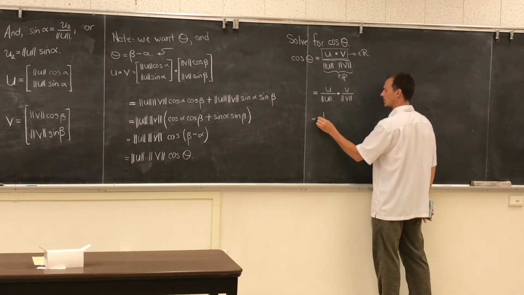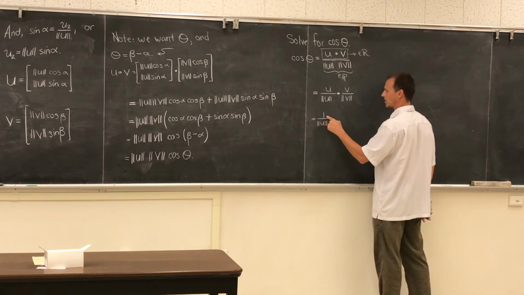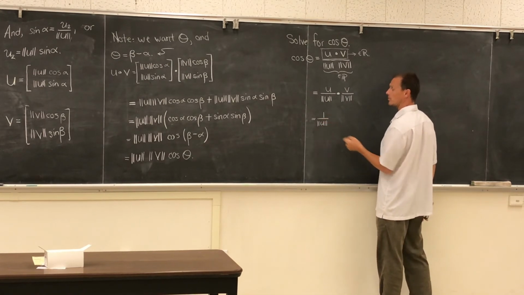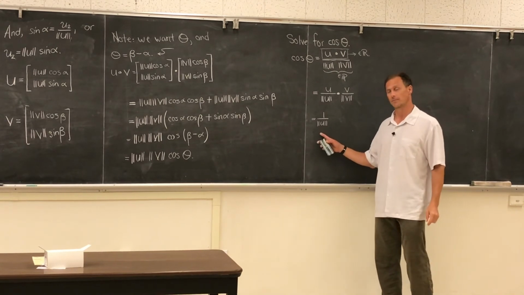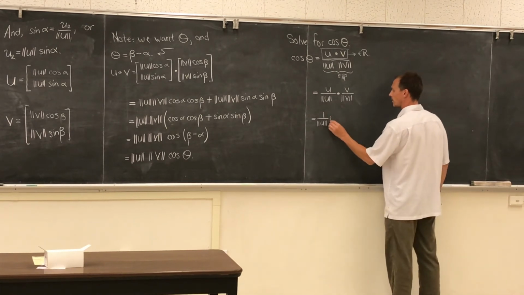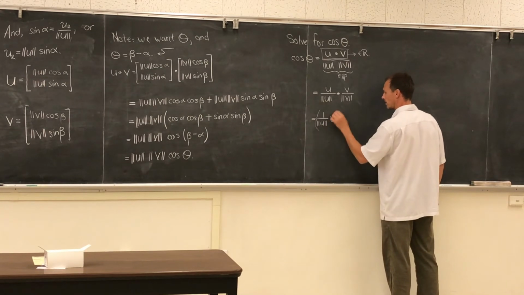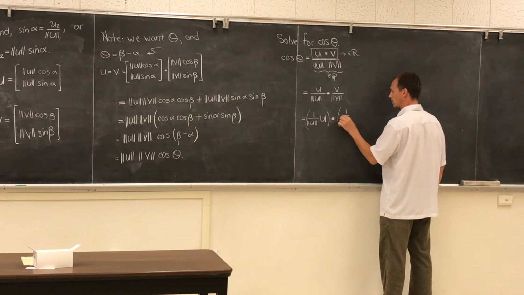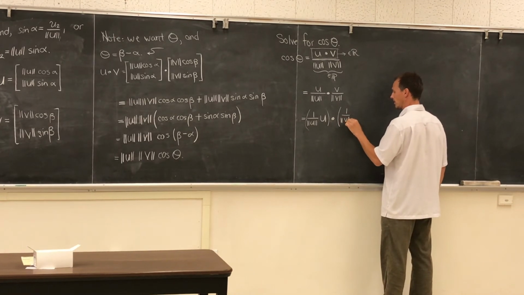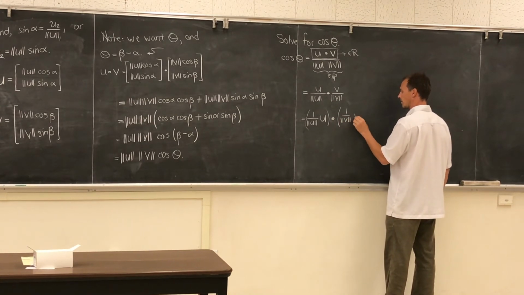It might be easier to think of it as some scalar, like we've used the letter C and the letter D. This can be like a C times the vector u. This whole piece is now being dotted with the scalar 1 over the length of v times the vector v.